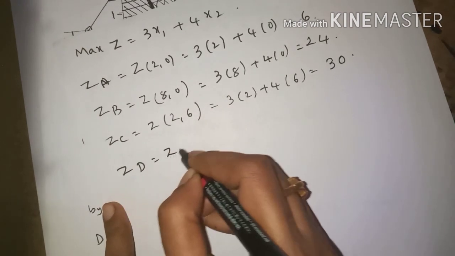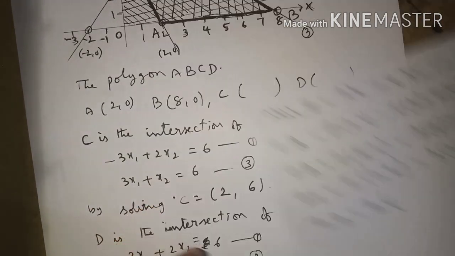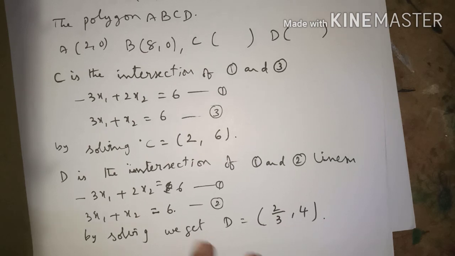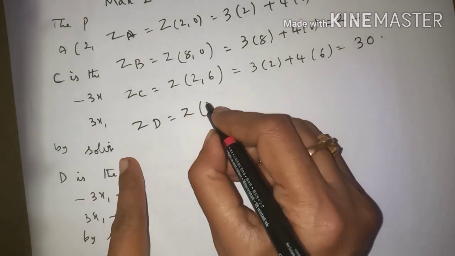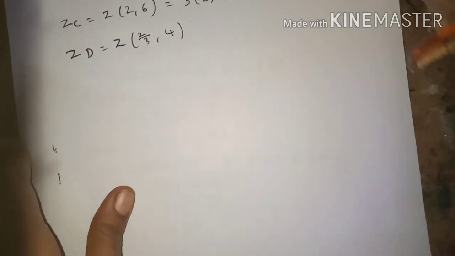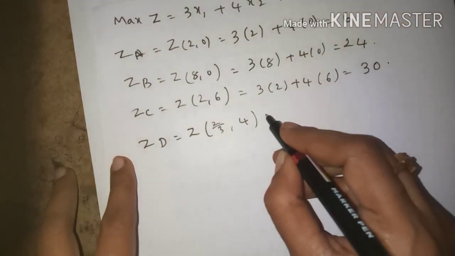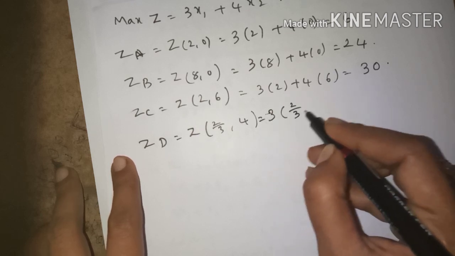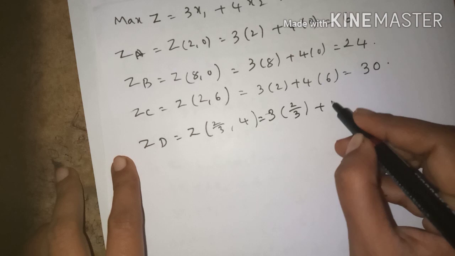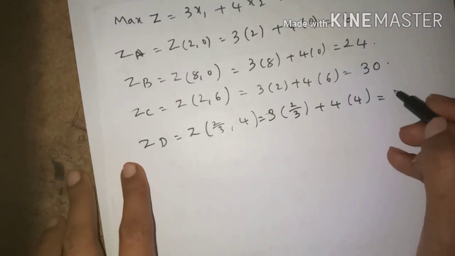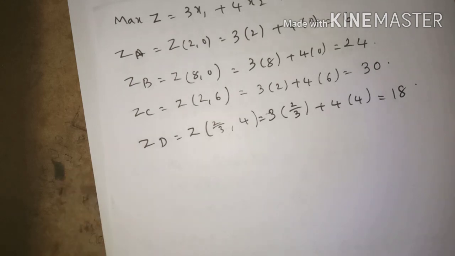ZD, Z of D. D value is at (2/3, 4). 3 into 2/3 plus 4 into 4, how much will we get? That is equal to 18.